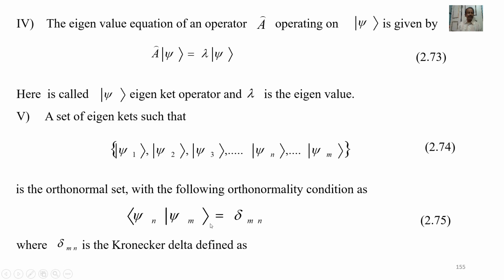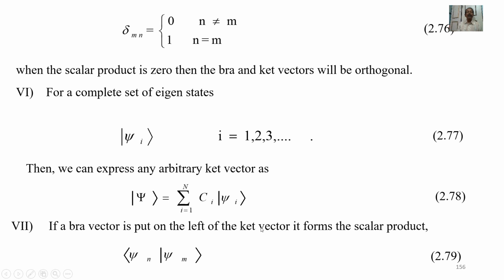And delta mn is nothing but the Kronecker delta function. And of course, if m equals n, the answer is 1. If n is not equal to m, the answer is 0. When the scalar product is 0, then the bra and ket vectors are orthogonal. Suppose they are equal, then we call this normalized.